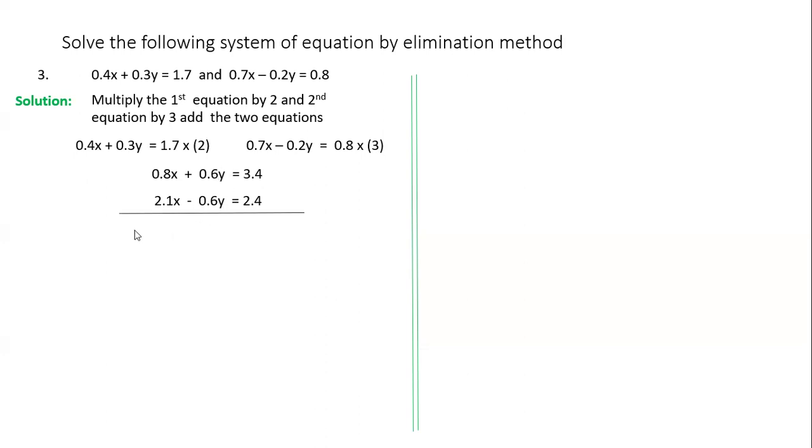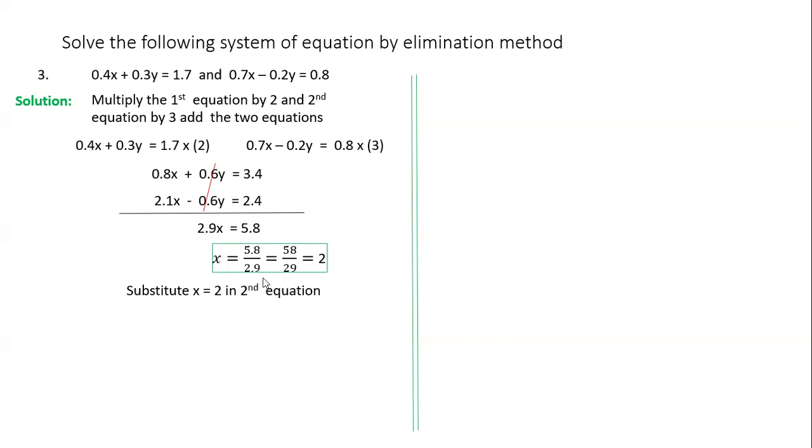So we are going to add them. 2.1 plus 0.8 is 2.9x, equal to 3.4 plus 2.4, which is 5.8. Divide 5.8 by 2.9. Remove one decimal, it becomes 58 upon 29. 29 2s are 58, so x is equal to 2.